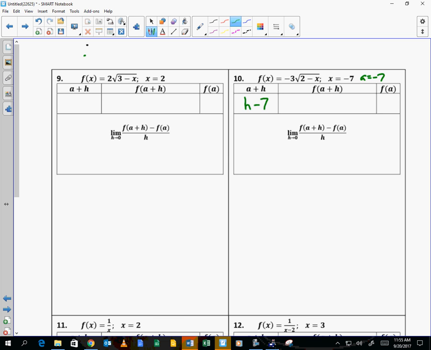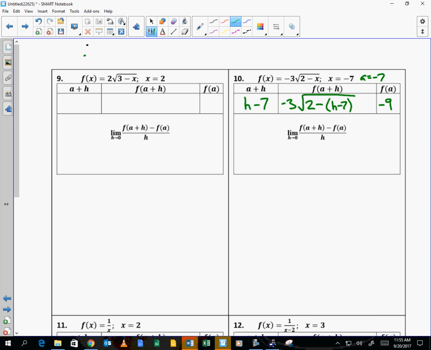Okay, so f of a plus h would be negative 3 times the root of 2 minus h minus 7. What is f of a? Negative 9. How'd you get that, Emma?